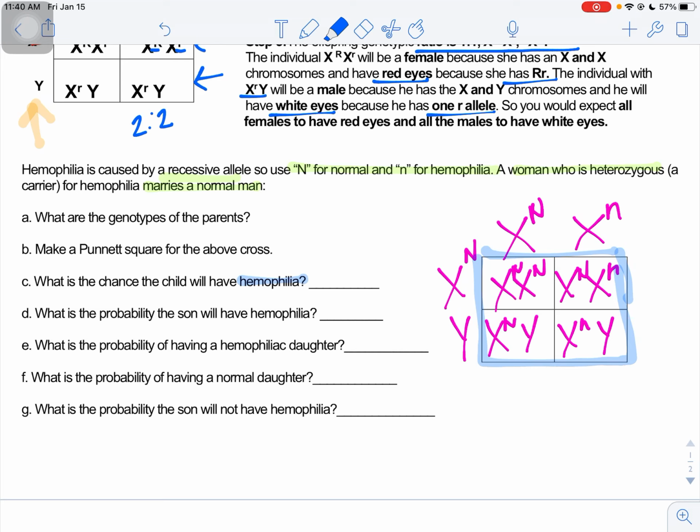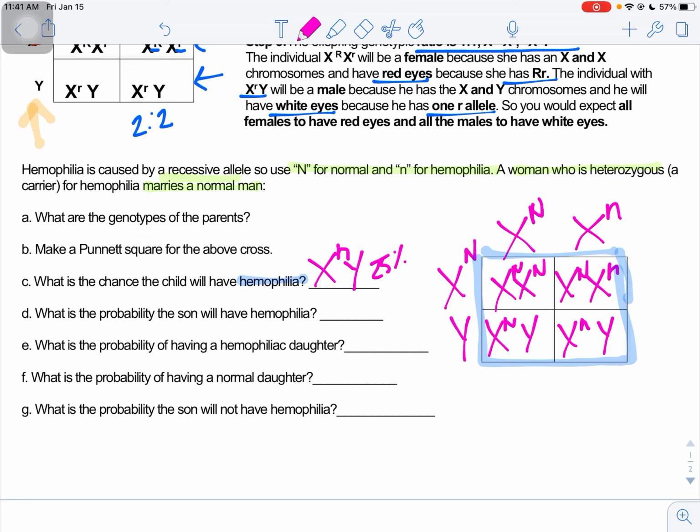If we look at these individuals here, the only one who has the recessive trait is going to be the one male. So the male who has the X, lowercase n, Y, is the one that's going to have it. So that means our chances are 25% or 1 out of 4.